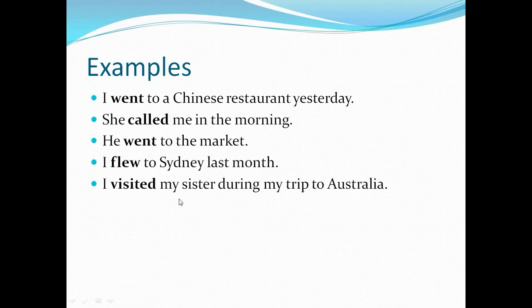Visit is regular verb لأن فقط زدنا ليه ed، يعني هو بحال call.